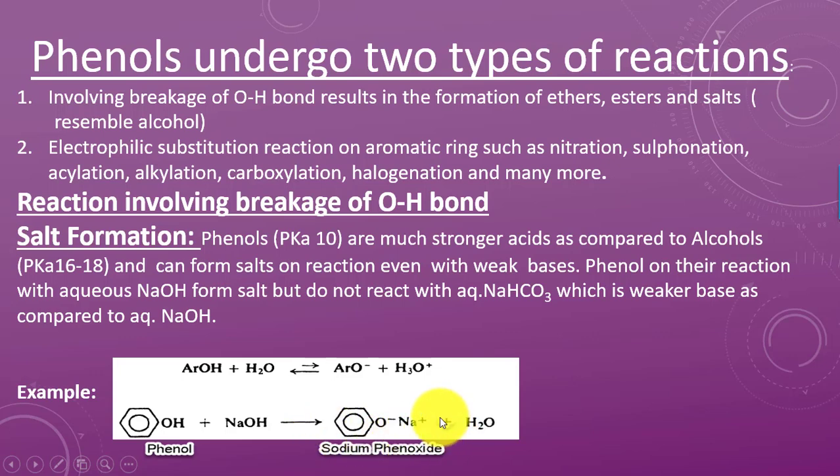But these are quite stable in a solution of sodium bicarbonate, and this is the identification test of phenol: they are soluble in aqueous sodium hydroxide, but insoluble in aqueous sodium bicarbonate.